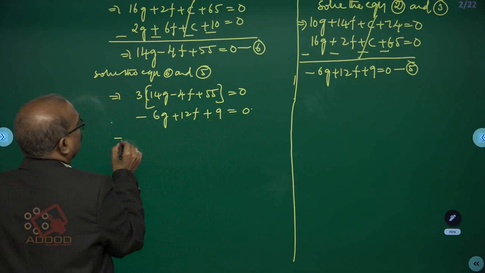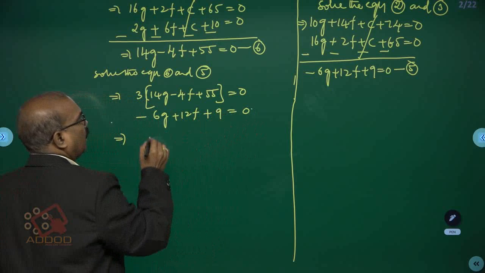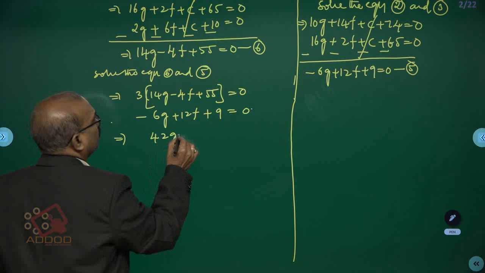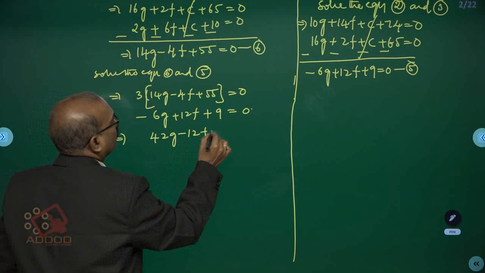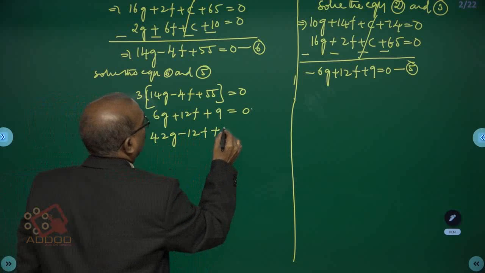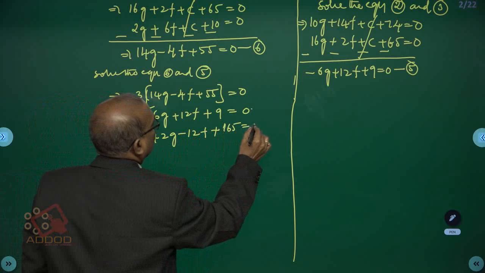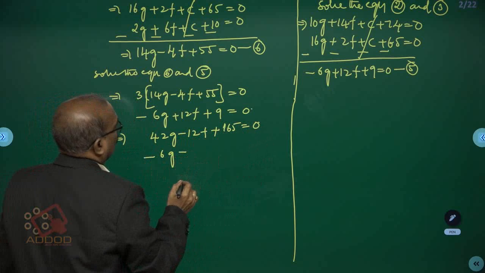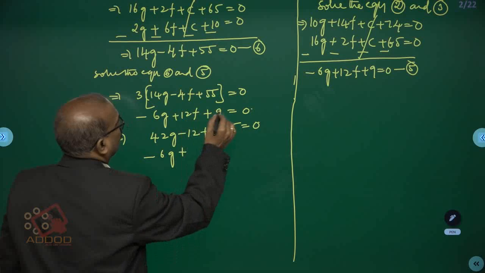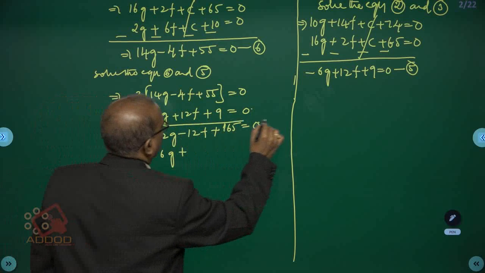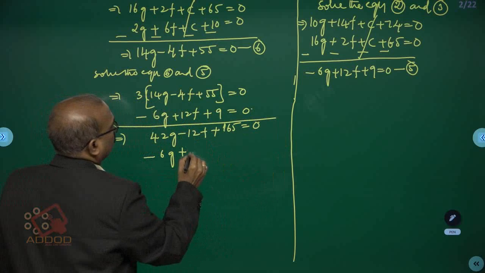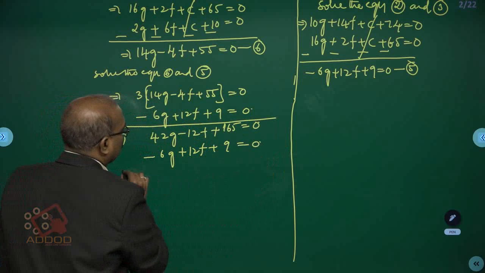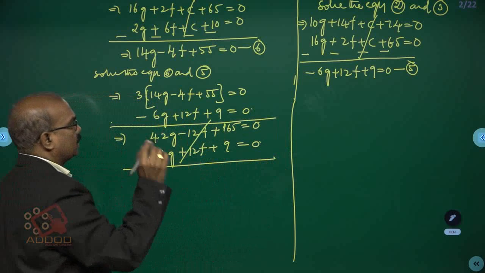So that is now 42G minus 12F plus 165 is equal to 0. Minus 6G plus 12F plus 9 is equal to 0. Now this can be cancelled.